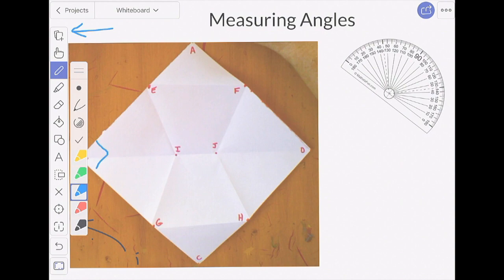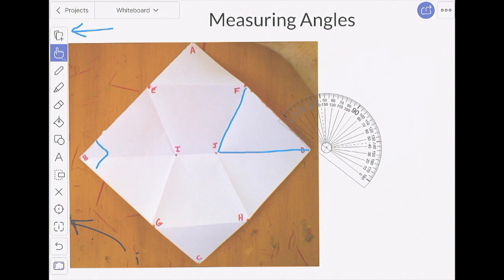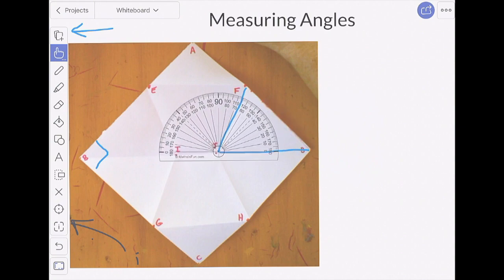Let's say we're trying to measure some of these other angles. For example, let's say we're trying to measure angle FJD. To measure that angle, you're going to select the hand tool, slide your protractor over there, and place it just as I did right there, with the target right on letter J. And it looks like it's opening somewhere between 60 and 70 degrees.